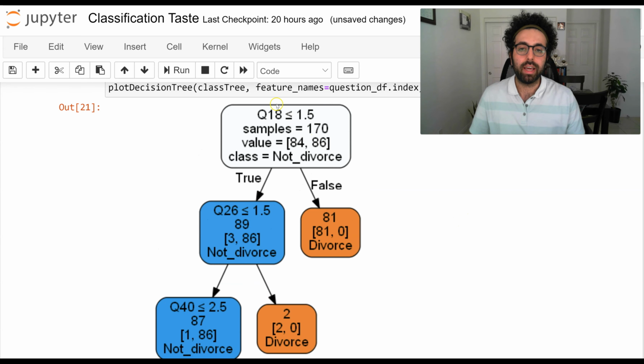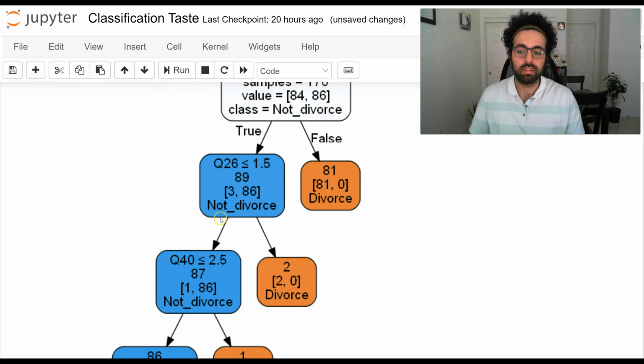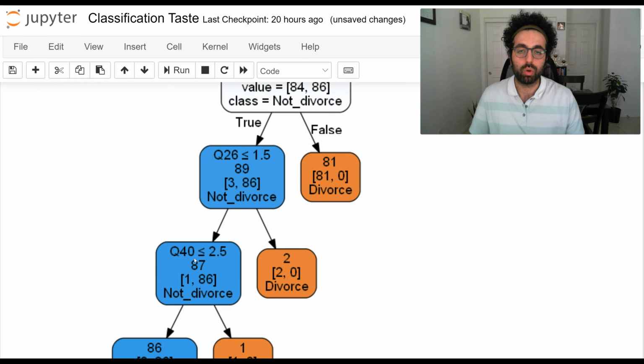So basically, there is this split. This is the first split, and then if this condition is true, you have the second split, which is based on Q26, and then you have another split based on Q40.